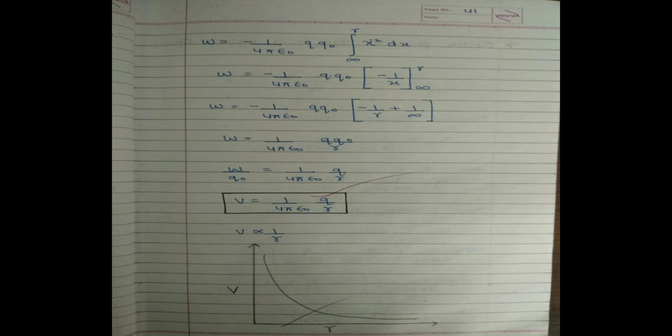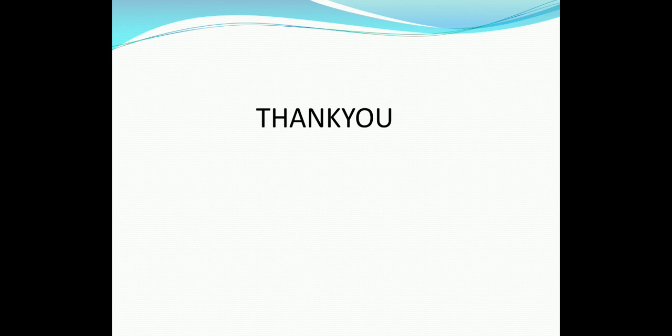So V is equal to 1 upon 4 pi epsilon naught Q upon r. It also tells us that V is inversely proportional to r, and the graph between potential and distance will be as shown in the figure. Thank you.